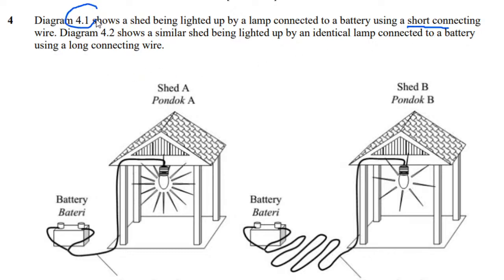That is 4.1. Okay, short, can see right? And then diagram 4.2, similar shade being lighted up by identical lamp connected to a battery using long connecting wire. Okay, so here you know brightness and the length.